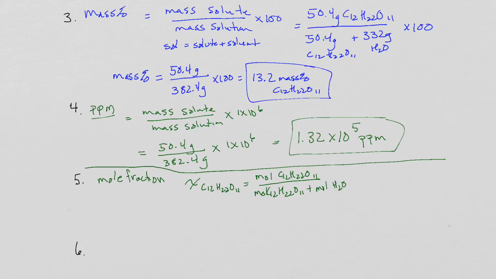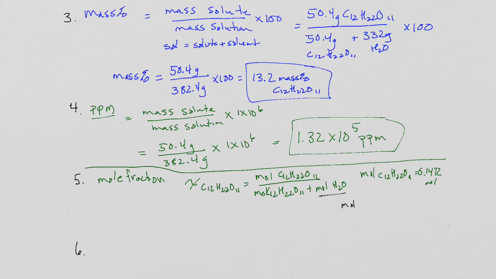So I already know the moles of this. I calculated it from the other side. So remember, the moles of C12H22O11 equals 0.1472 mole. But what I don't know is the moles of water. So let's calculate the moles of water.